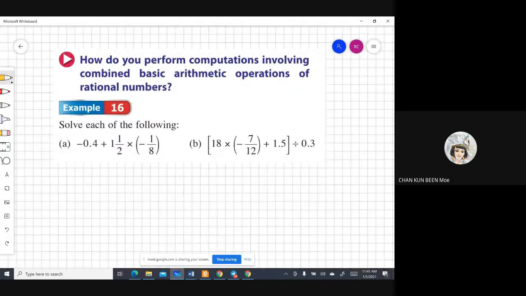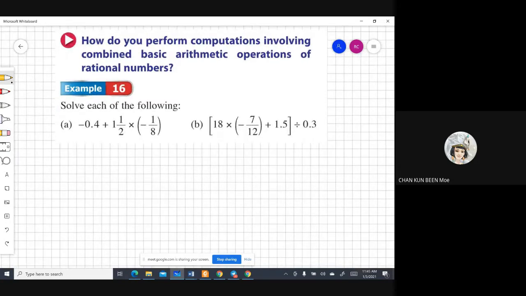It's just like what you have learned in the previous lesson regarding fractions, decimals and integers, where you performed combined operations of computations. Same goes with rational numbers over here. You have to perform computations involving the basic arithmetic operations such as brackets, multiplication and division, addition and subtraction.